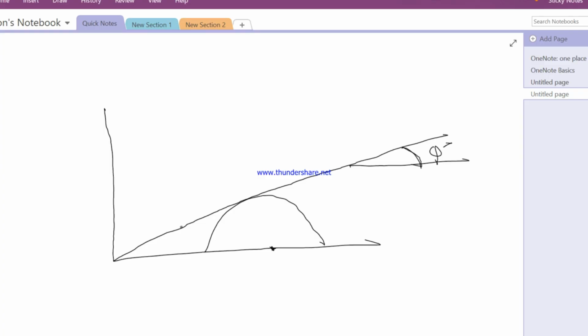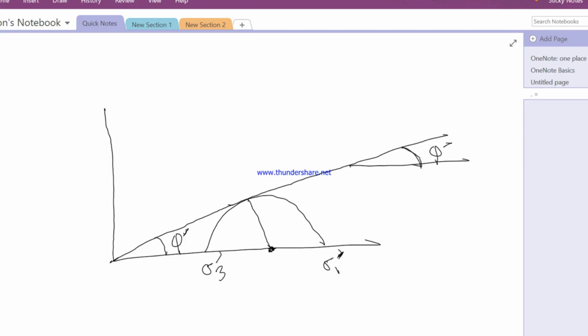If this is phi prime, this is also phi prime. Draw a line. This is sigma 3 prime and this is sigma 1 prime. Sigma 1 is major and sigma 3 is minor.